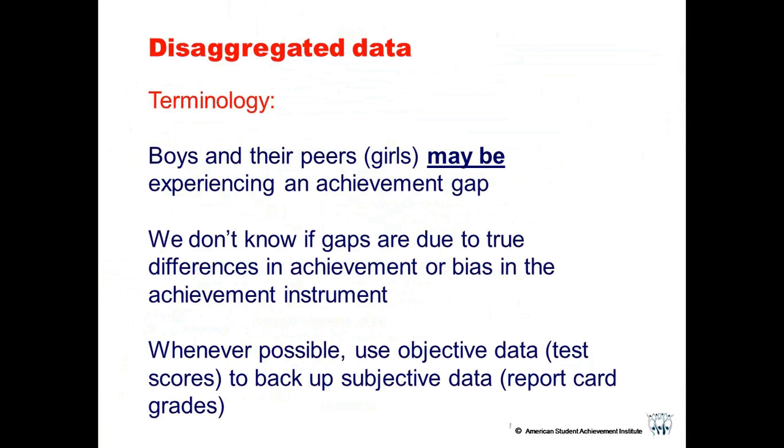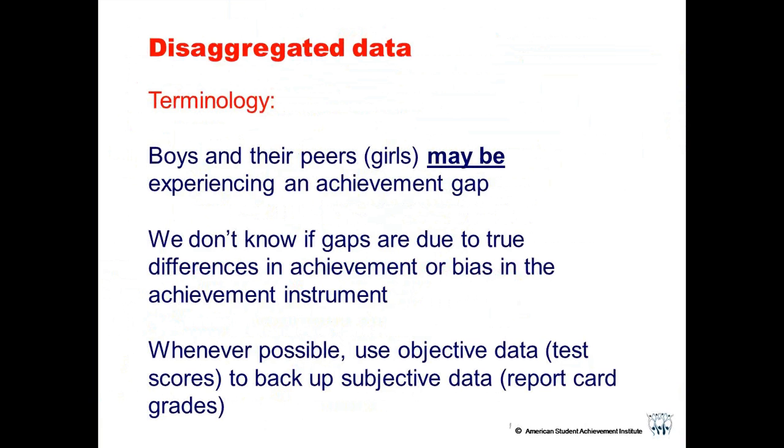We don't actually know if the gaps are due to true differences in achievement or if the gap is due to a bias in the achievement instrument or if it is a subjective assessment, a bias in the person that's making the assessment. So we can't say for sure that an achievement gap exists, but we can say that the data suggests that there may be an achievement gap.